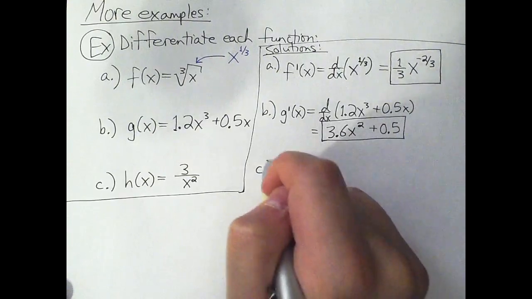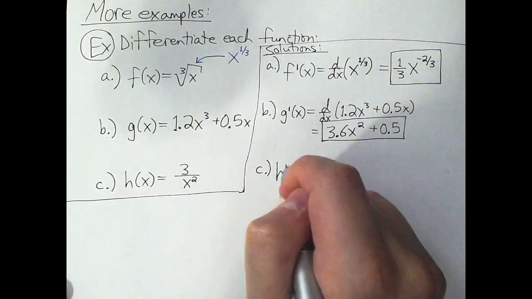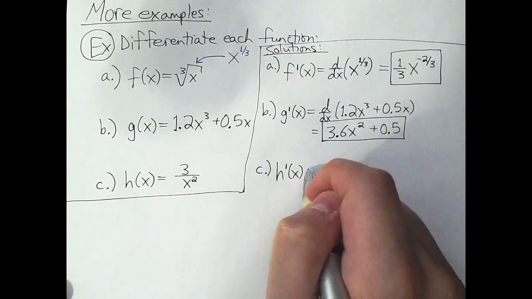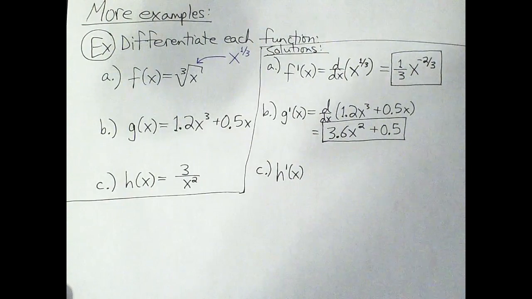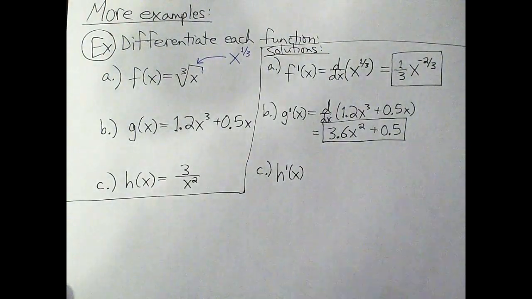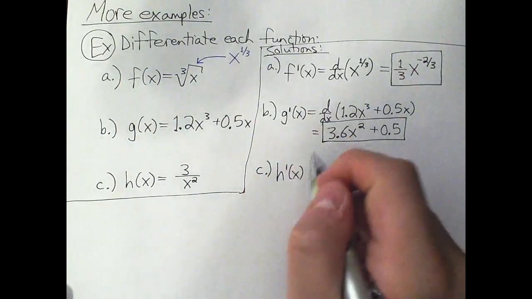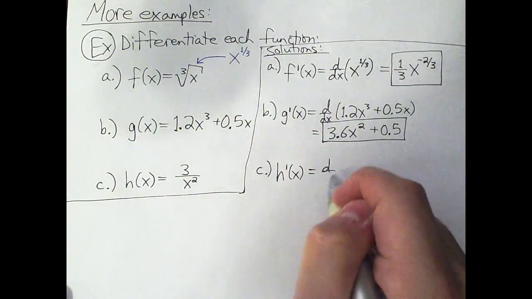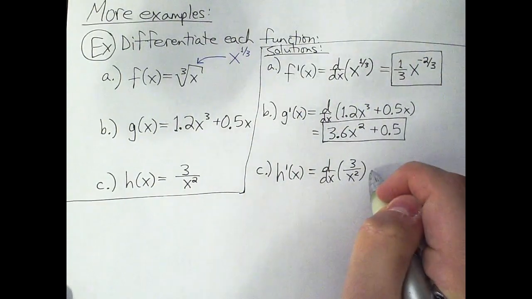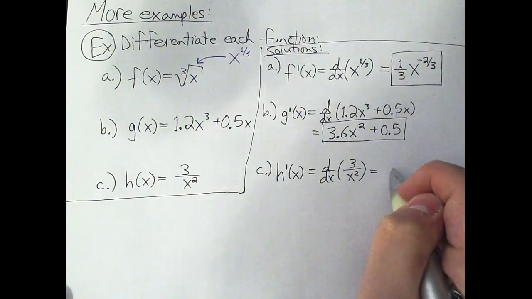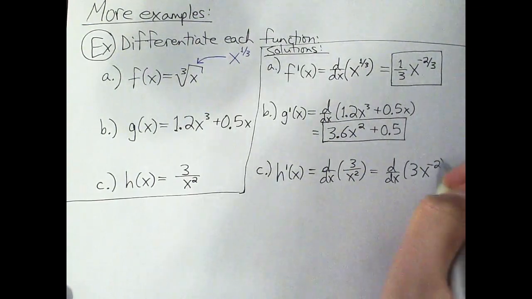And finally, part C, the problem was h of x, so we're looking for h prime of x. Do we know a rule for this one? Like 3 over something? 3 over x squared? What I'd like you to see is that the derivative of 3 over x squared can also be thought of as the derivative of 3x to the negative 2.